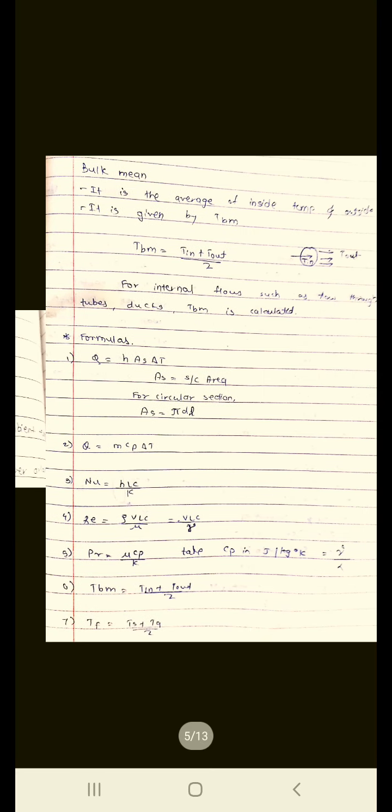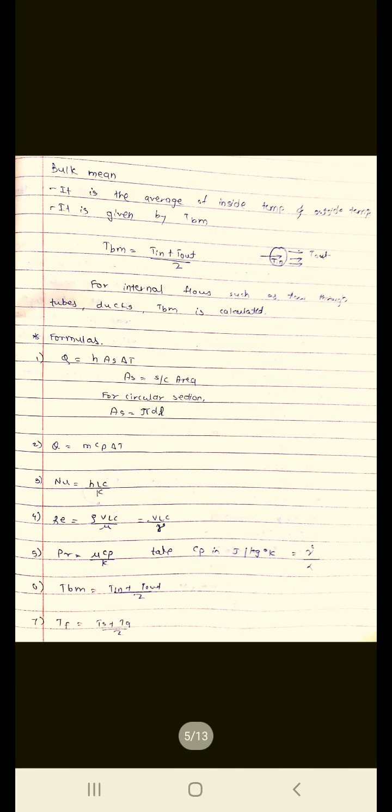For external flows such as flow over a plate, we are using this TF. Bulk mean temperature is the average of inlet temperature and outlet temperature, and it is given by TBM is equal to T in plus T out divided by 2. For internal flows such as flow through tubes, ducts, TBM is used.